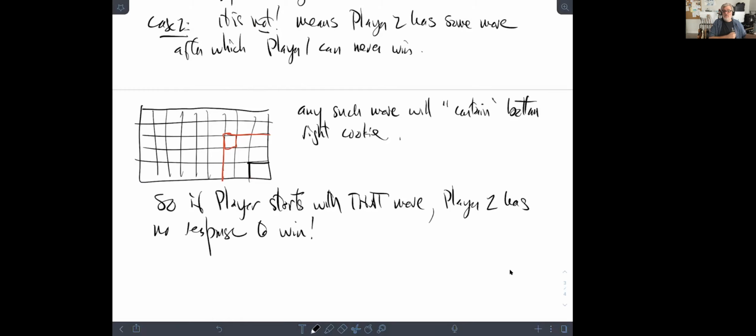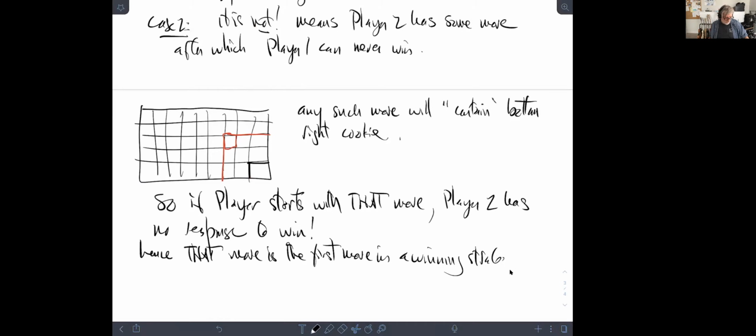There must be a way for player one to respond every time to win. So that means that's the first move of a winning strategy. Hence, that move is the first move in a winning strategy for player one.